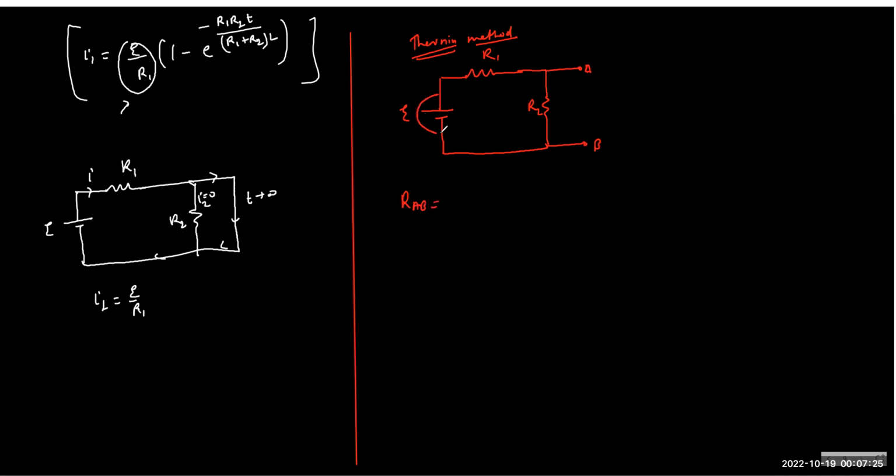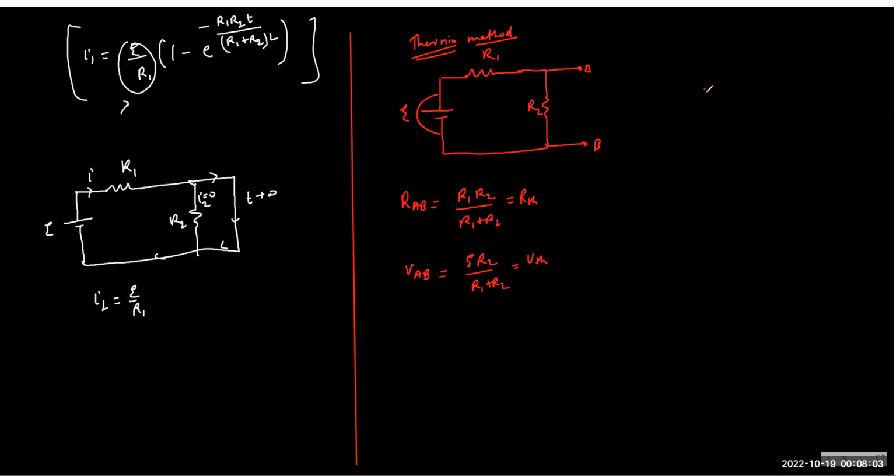We short circuit the energy source and we find the R equivalent, right? Yes, sir. This is R1 parallel R2, R1 R2 by R1 plus R2, we call it R Thevenin. And the voltage across AB, you can think of the voltage divider rule, because these two are in series, right? So you get E by R1 plus R2 into R2.